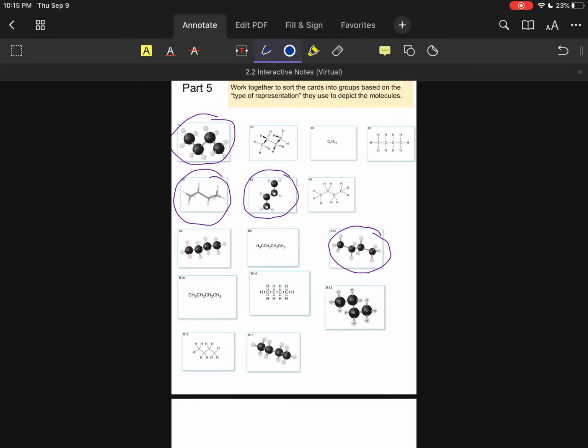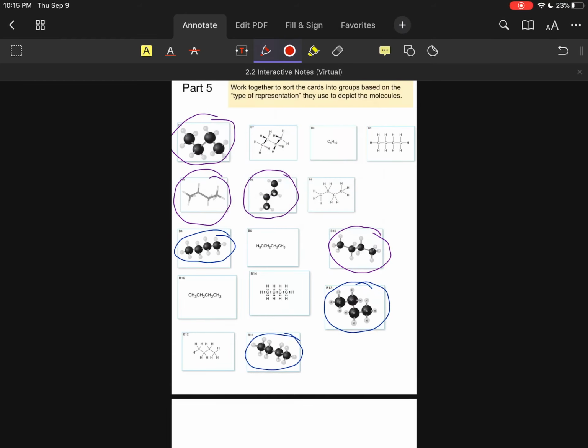And then I sorted these in a separate group because they showed the shape, but it wasn't as 3D as some of these other ones. So they look more just like a straight line to me.